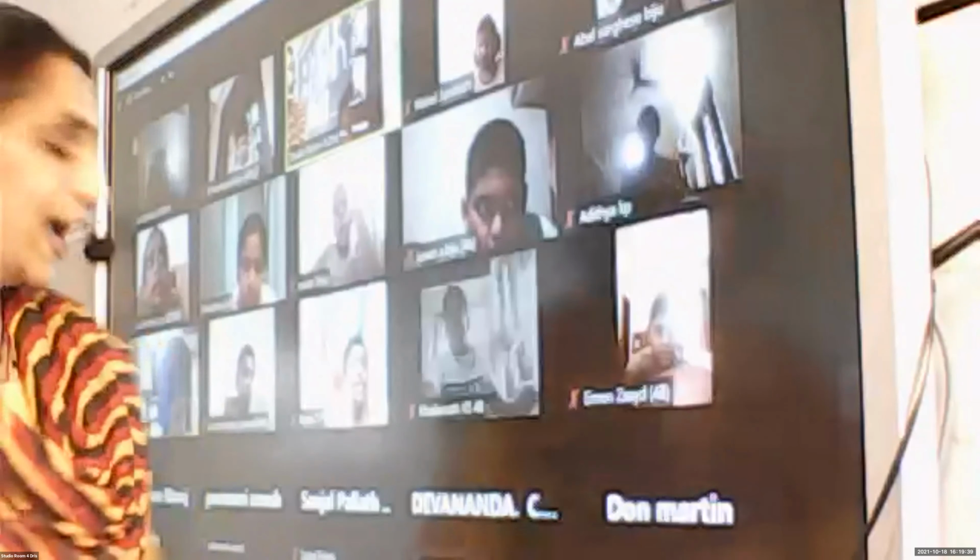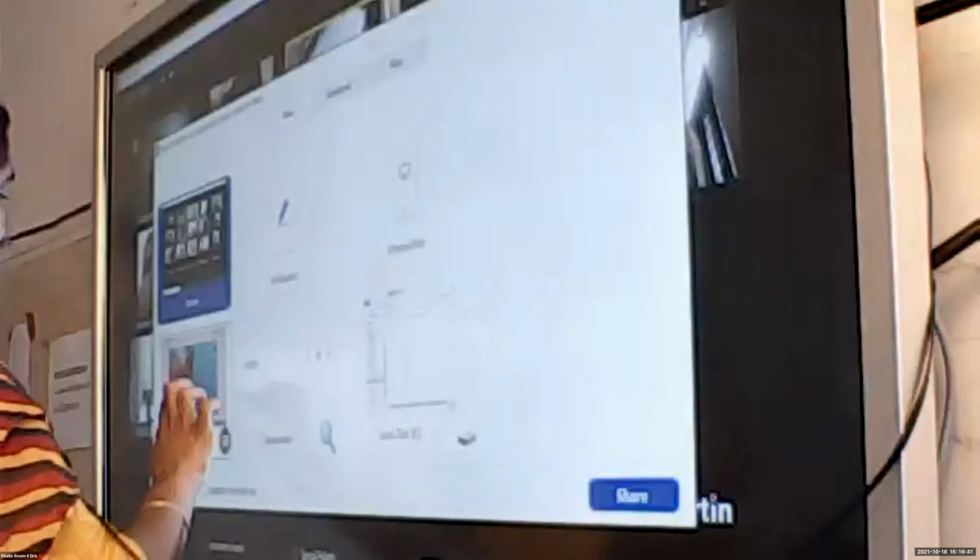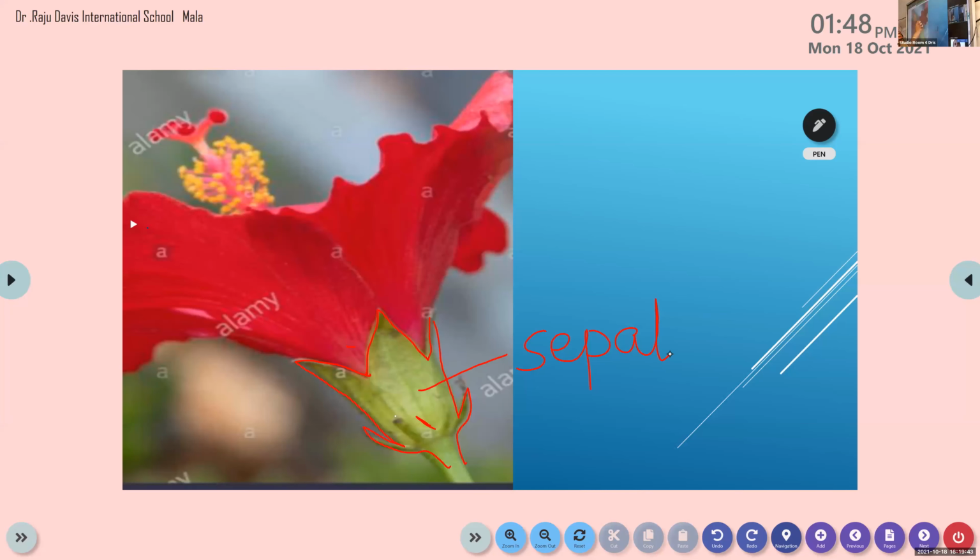Got it? And one more part you can see here, that is the colored attractive part of it. Here you can see it is in red color. Can you see that red colored part? Yes, ma'am. It is the most attractive colored part of a flower.